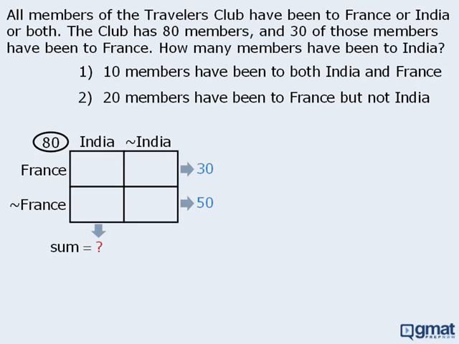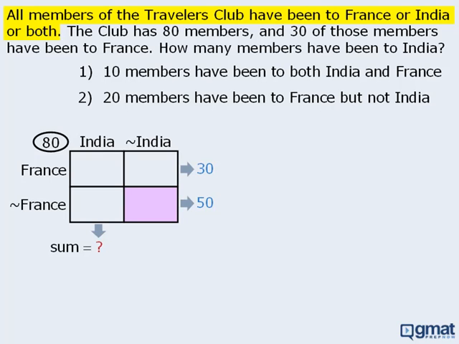Now at this point, we still have one more piece of information that we can add to our matrix. And if we don't spot this information, we won't be able to answer the question correctly. Well, what can we do with this information that says all members of the club have been to France or India or both? Well, notice that this box is reserved for members who have been to neither France nor India.